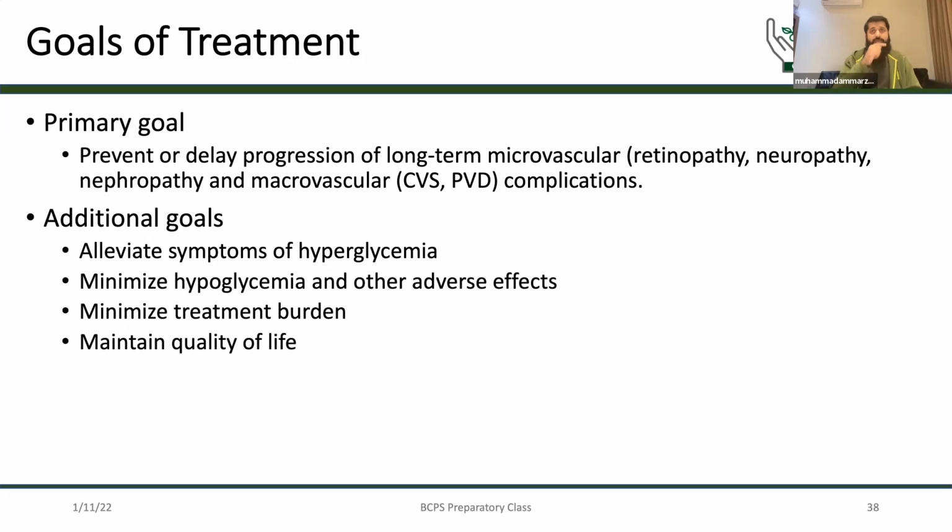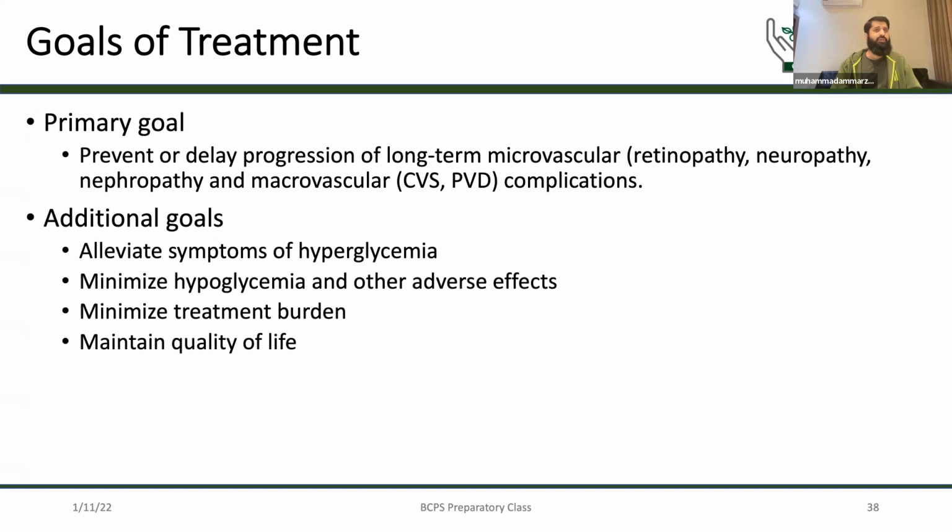Due to this fact, we are not only using medicines which reduce levels of glucose, but we are also using medicines in diabetic patients, for example, which reduce the levels of cholesterol, or antiplatelet medicines, or medicines to control hypertension, because the primary goal in the treatment of diabetes is not only to normalize glucose levels, but to prevent and delay the progression of long-term complications.